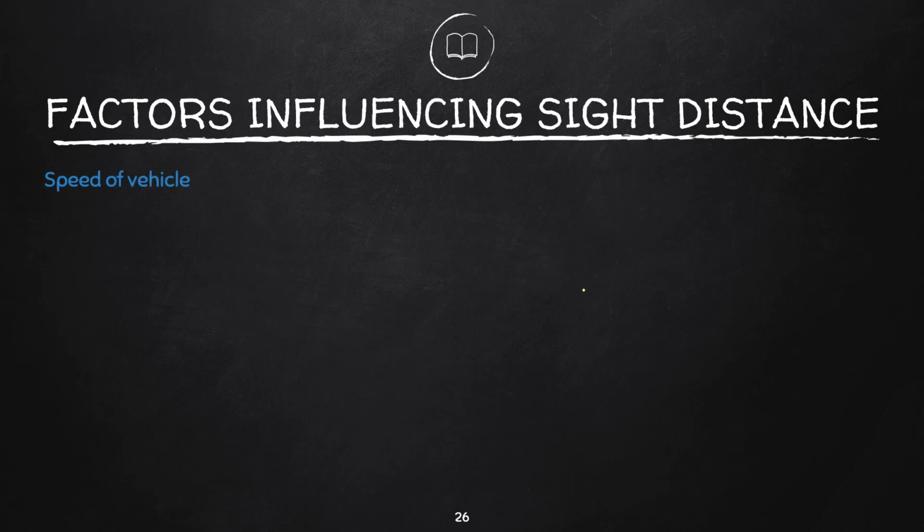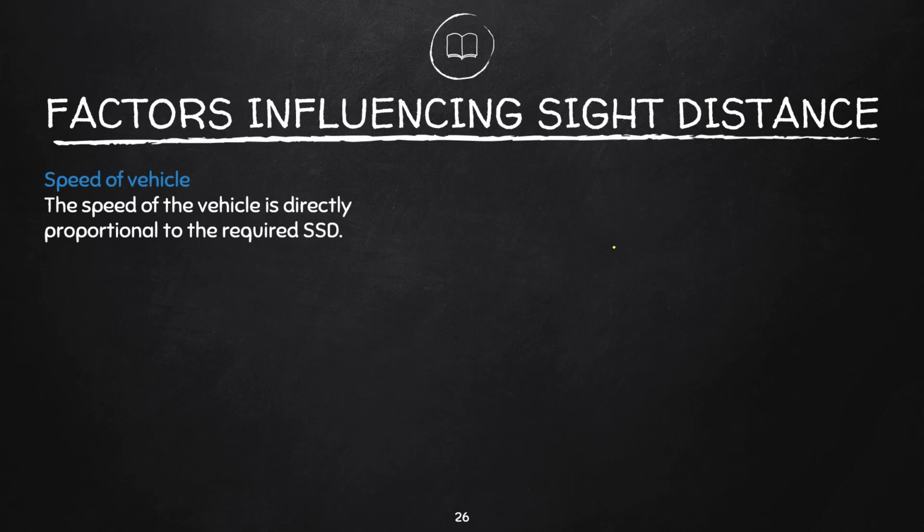So what are the factors influencing sight distance? These are the speed of the vehicle. Of course, the speed of the vehicle is directly proportional to the required SSD. This means that the higher the speed of the vehicle, the higher the required SSD that should be provided. This is demonstrated in the tables that I showed you a while ago.